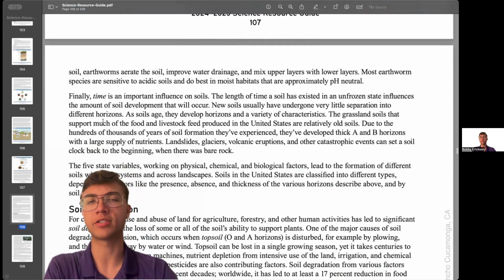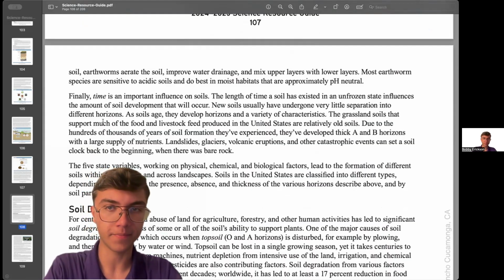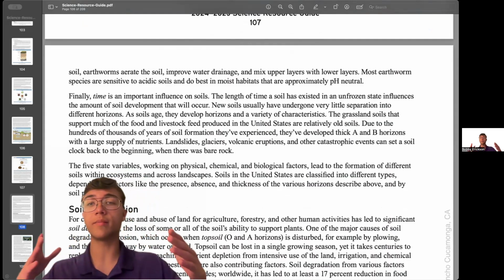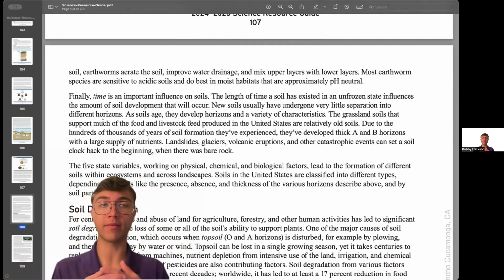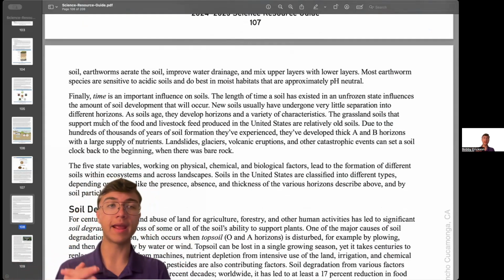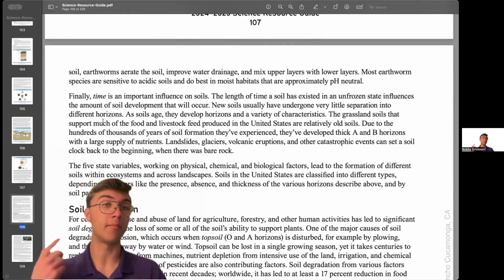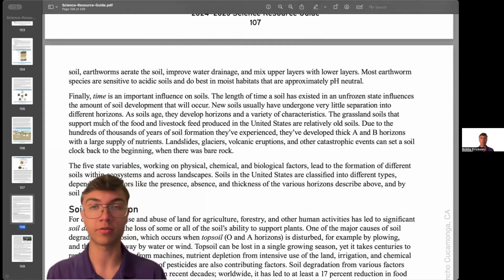So, how does time actually influence soil? Well, if we have a long amount of time, then soils have usually been able to undergo a lot of separation into different horizons. If there's more time, they develop more horizons and more characteristics.